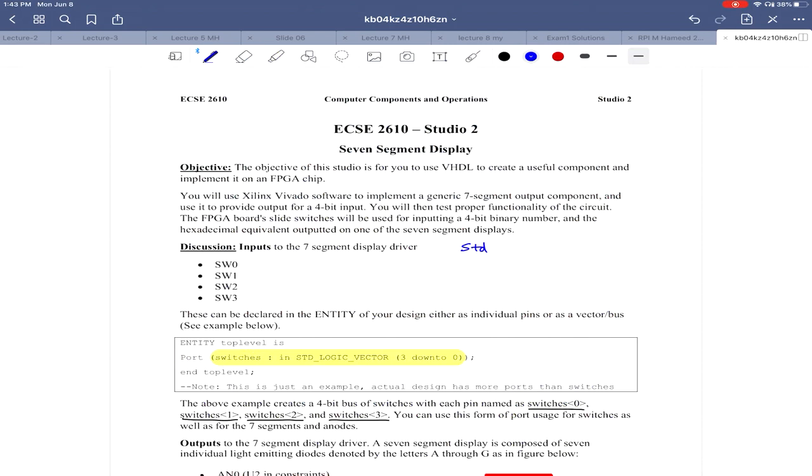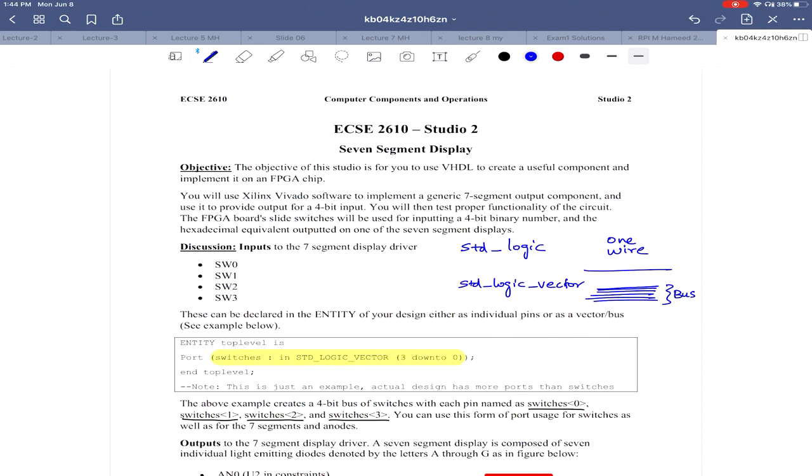So here, if you use standard logic, it is one wire, either input or output. When you use standard logic vector, there are multiple of them, right? So that's a bus.